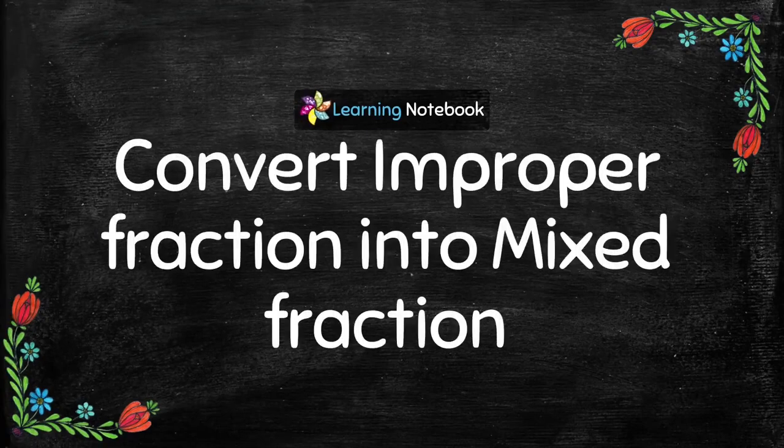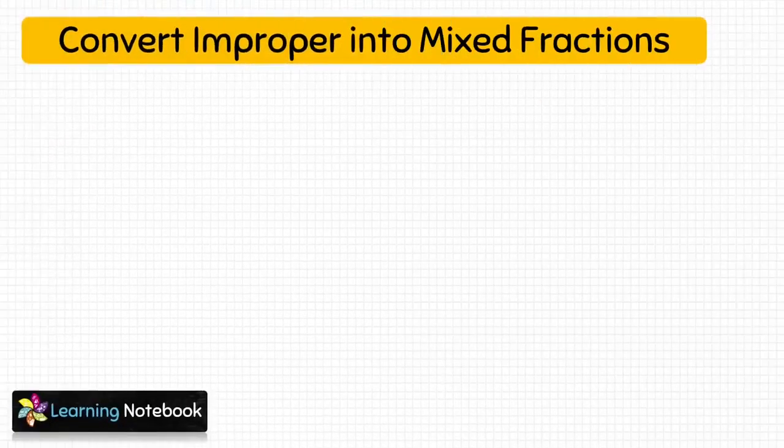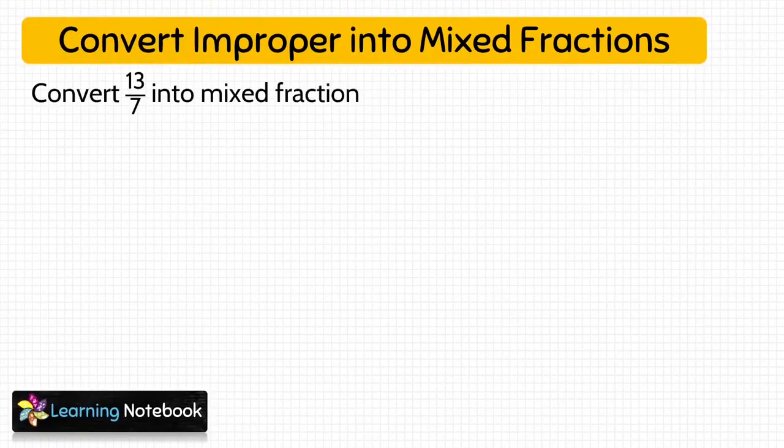Now let's learn how to convert improper fraction into mixed fraction. Question is, convert 13 by 7 into mixed fraction. So here students, we are given an improper fraction 13 by 7 and we have to convert it into mixed fraction.